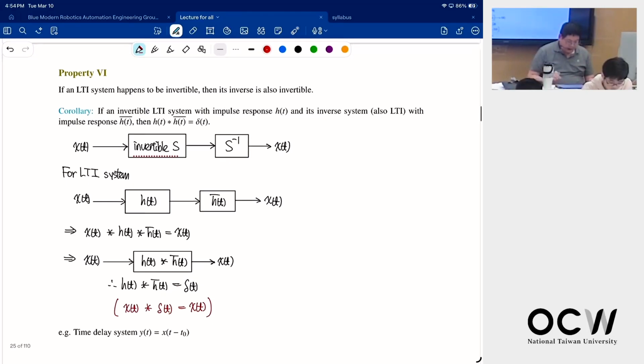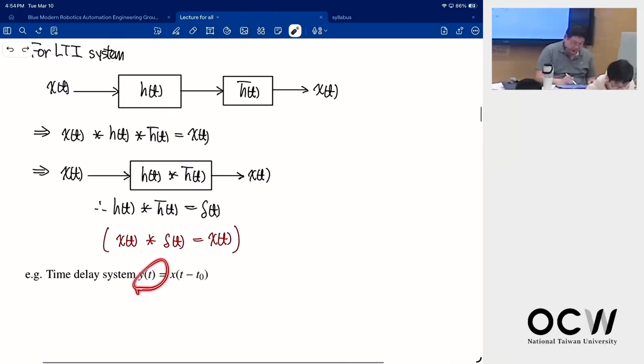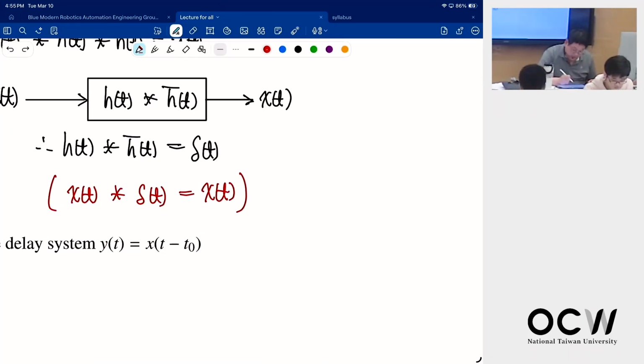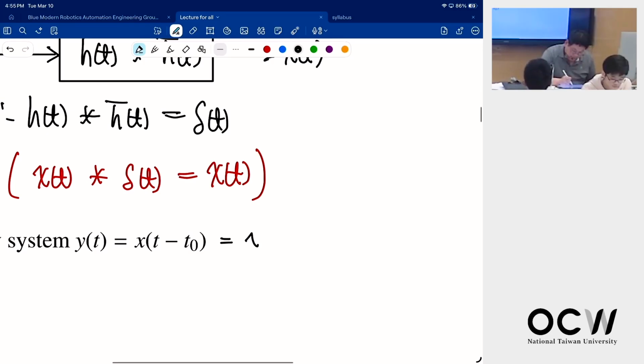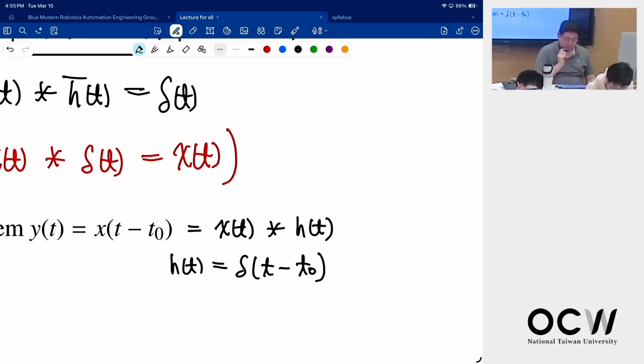So let's see this example. I have a time delay system. The output is a time delay by t naught. Okay, so this is the output. Then we know that we can also express the output as the input convolved with your system. So your h should be what? The delta, the shifted impulse signal.